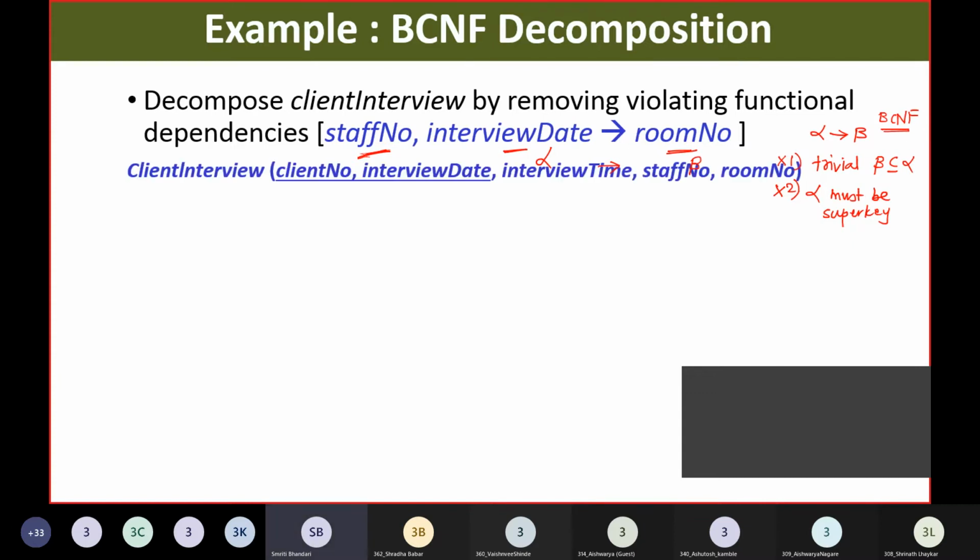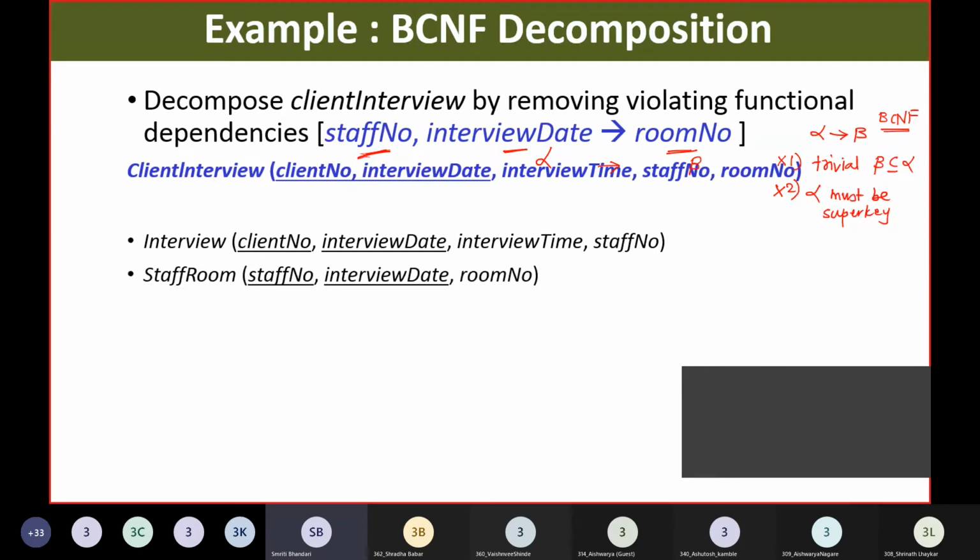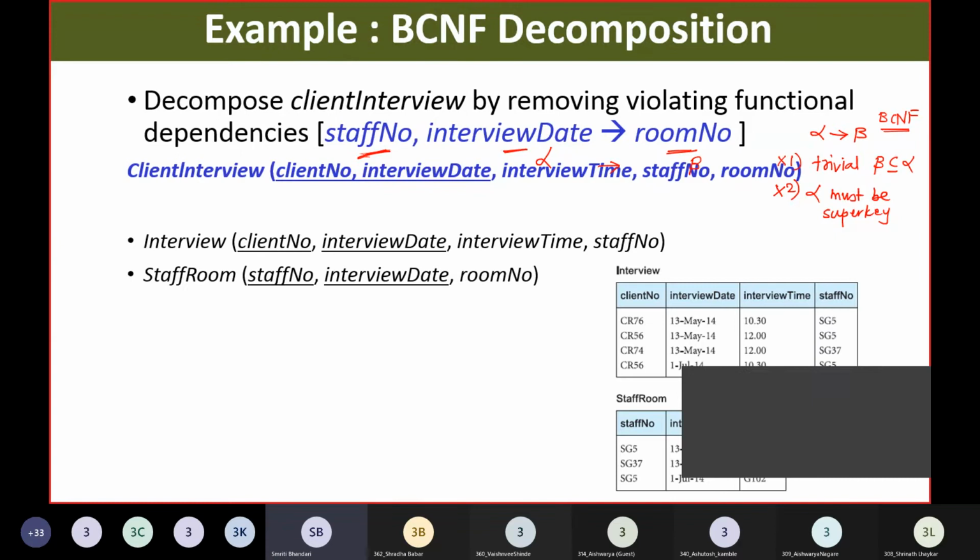Right? So we have this relation client interview, and we are going to decompose our relation by making use of this dependency that we have identified, which is violating the norm of BCNF. Okay, so simply we are applying the rule for decomposition.